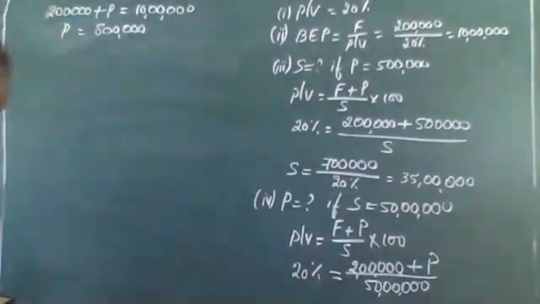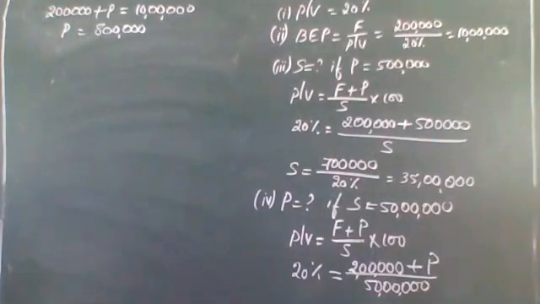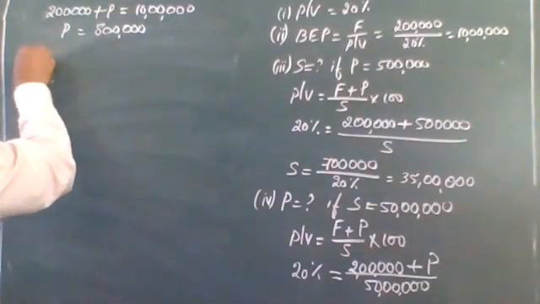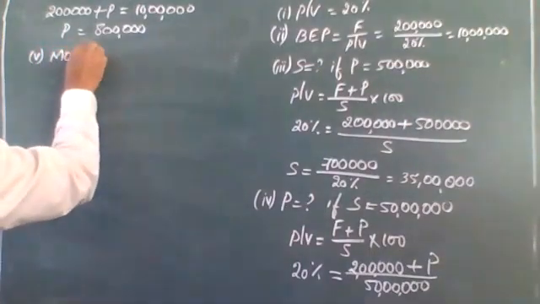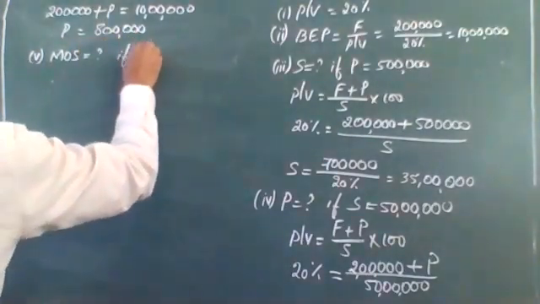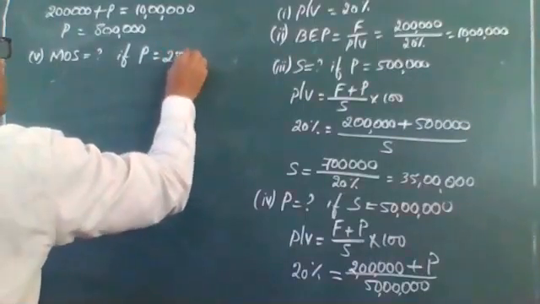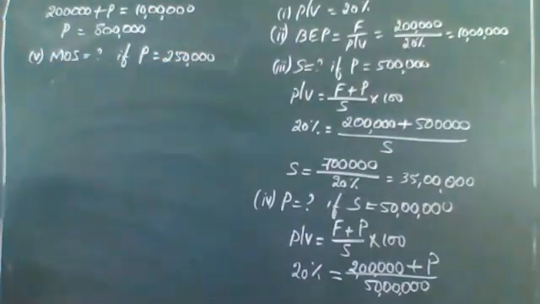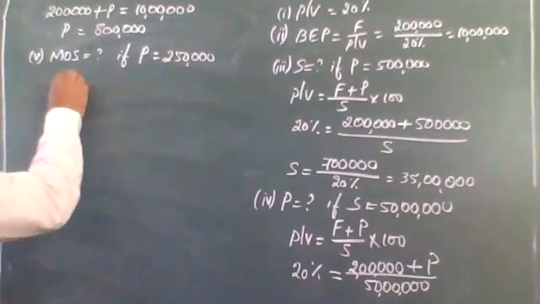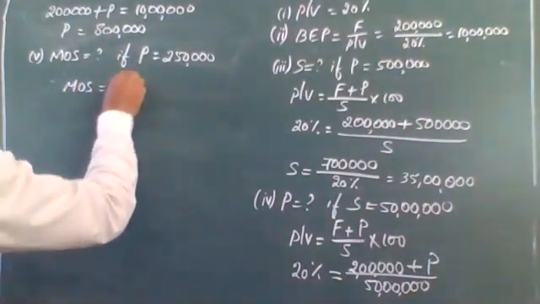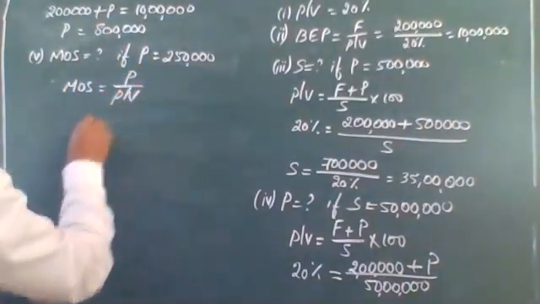That's bit number 4. The fifth bit is asking margin of safety: what is the margin of safety if profit is 2,50,000? If my profit is 2,50,000, what is MOS? Which formula are you going to use? Profit by PV ratio.